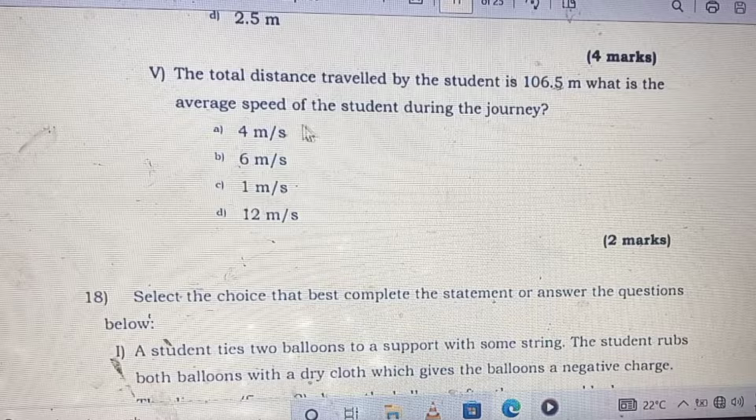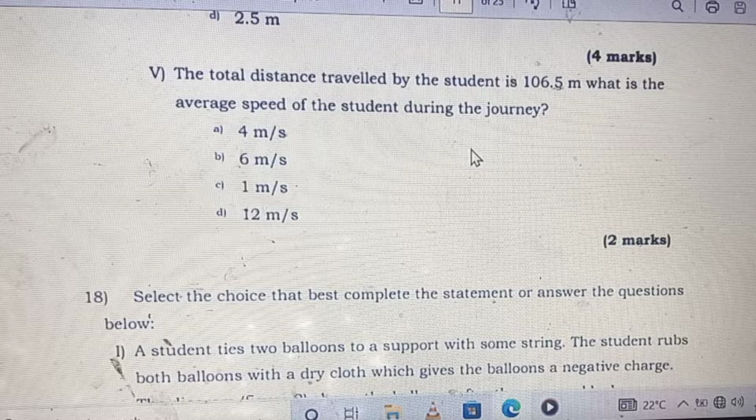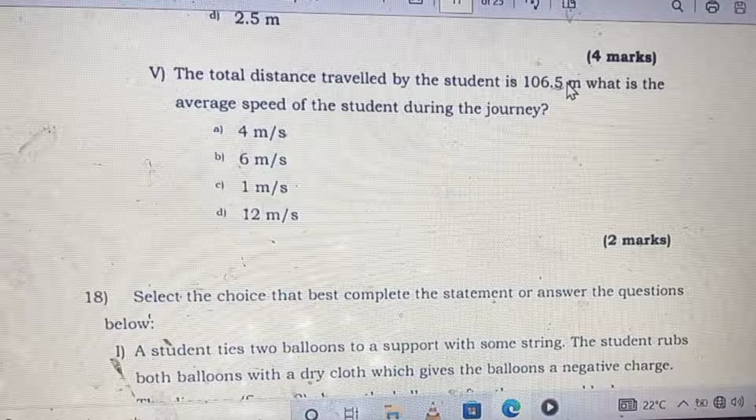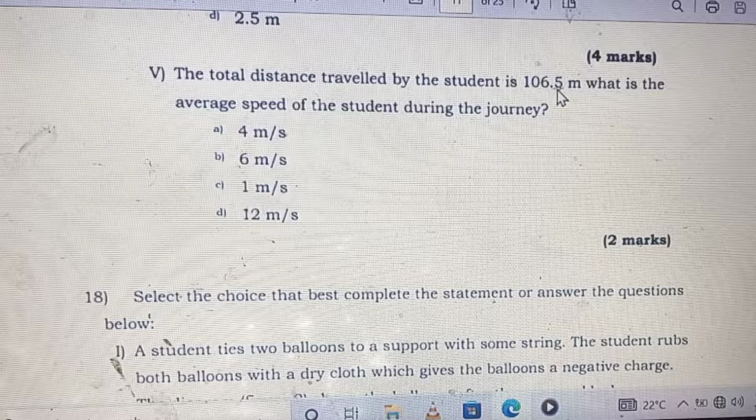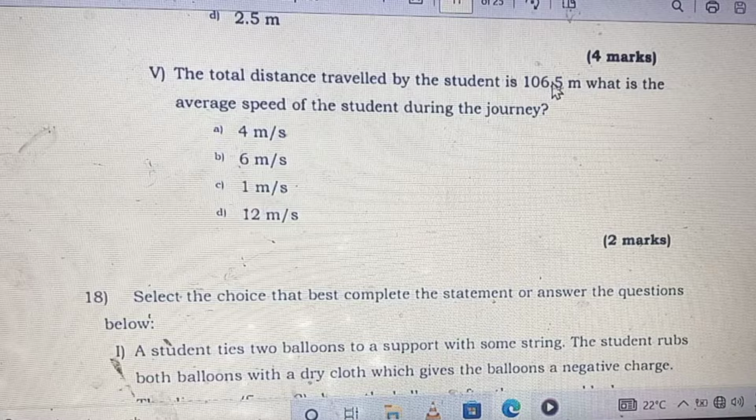The average speed equals the total distance over total time. The total distance is 106.5 meters, and according to the graph the total time is 27. You take 106.5 meters divided by 27. You get 4 meters per second.